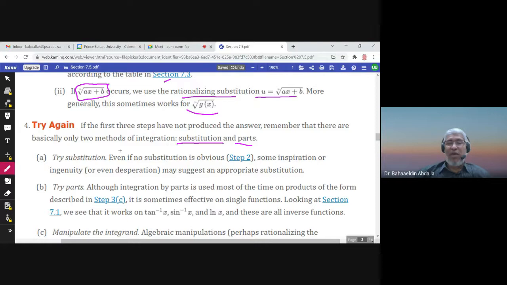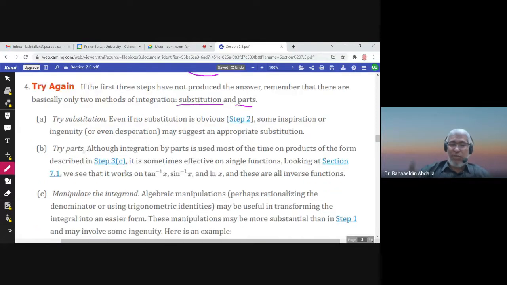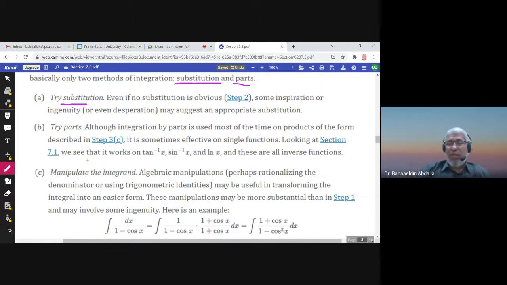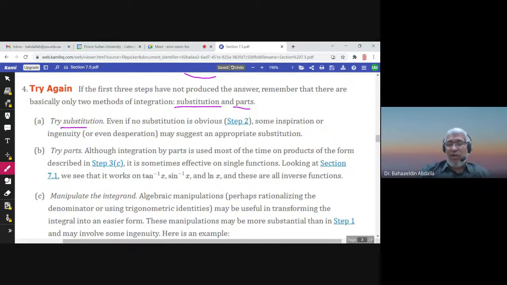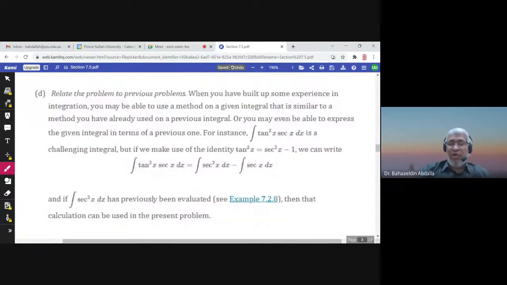These are the basic methods. So try substitution again, even if no substitution is obvious, like we have seen in step 2. Substitution could help in solving problems that are not obvious.